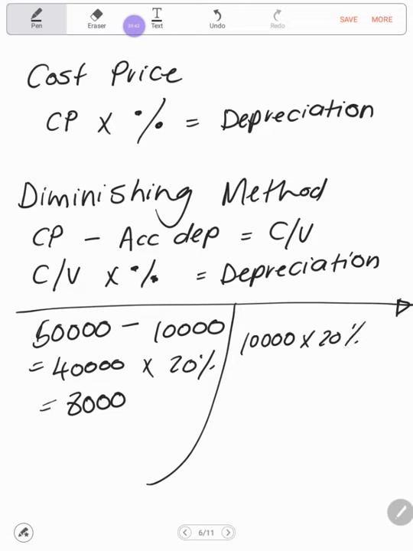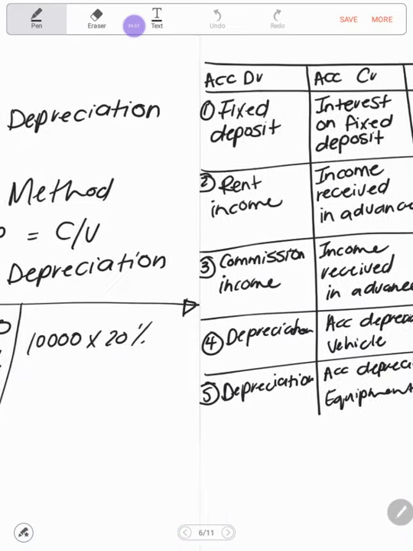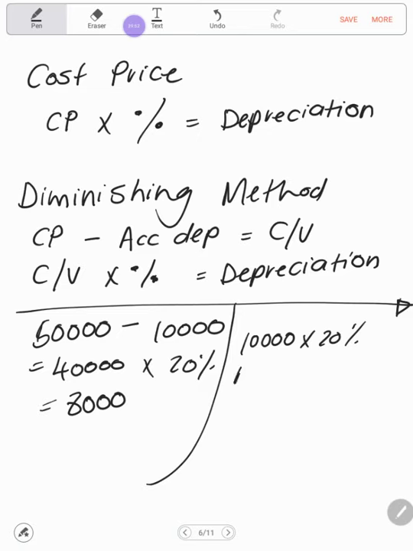But you need to calculate the number of months which you had it for. They told you that you purchased it on the 31st of March. So you will work out from April, May, June, July, August, September, October, November, and December: 1, 2, 3, 4, 5, 6, 7, 8, 9.